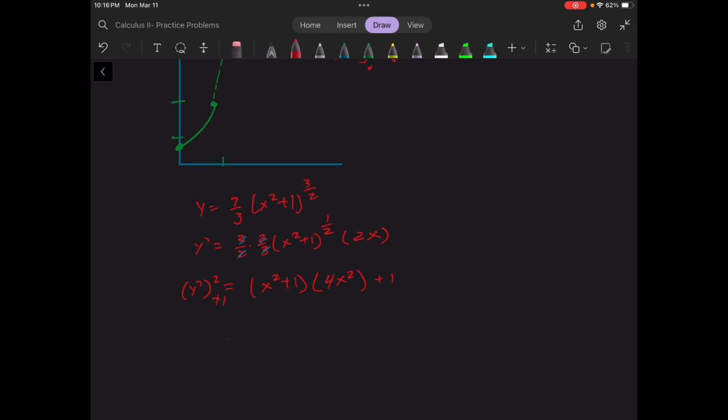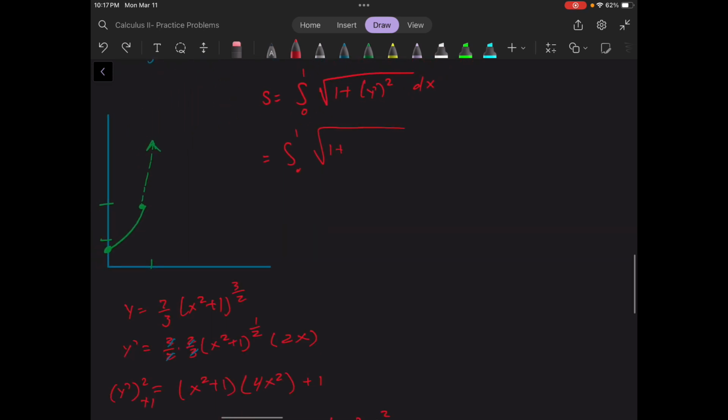So let's try and FOIL this out. We're going to get a 4x to the 4 plus 4x squared plus 1. And using a little bit of algebra, we can rewrite this as 2x squared plus 1 squared, right? Because if you were to FOIL it out, you'd get a 4x to the 4, and you'd get 2x squared, which make a 4x squared, and then you'd get that 1, which comes from the 1 being squared.